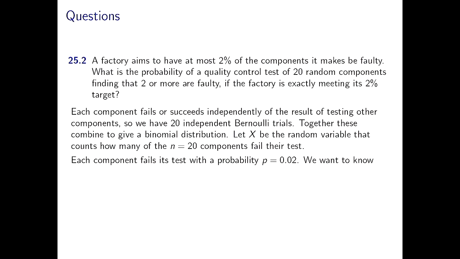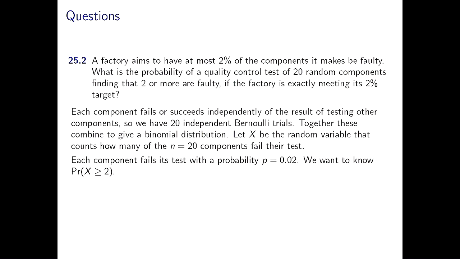And what are we interested in here? We're interested in the probability that 2 or more are faulty. So we're interested in the probability that capital X is at least 2, right? So we want to know, is X greater than or equal to 2?